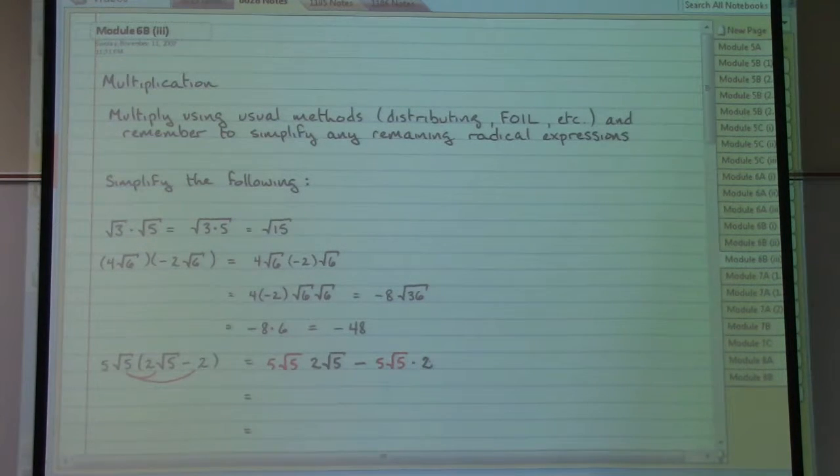Well, looking at these as 2 separate multiplication problems, we have the 5 square root of 5 times 2 square root of 5. So that would mean that we have 5 times 2, and we would have the square root of 5 times the square root of 5.